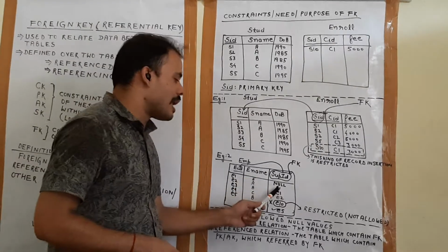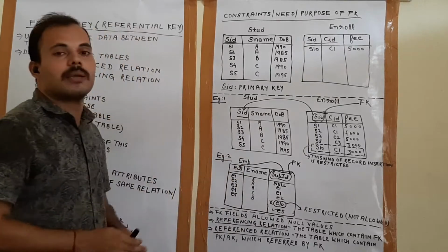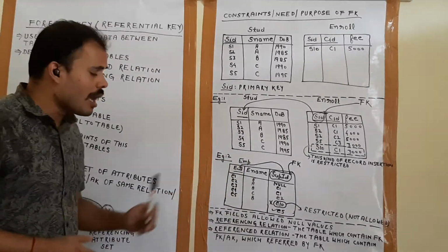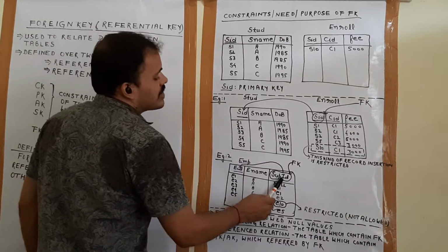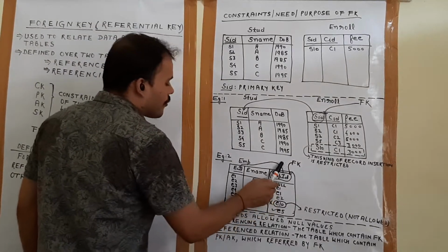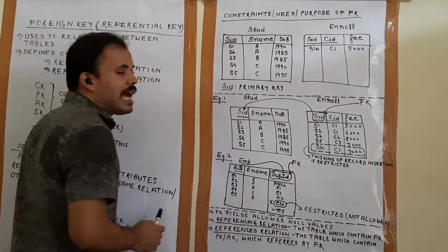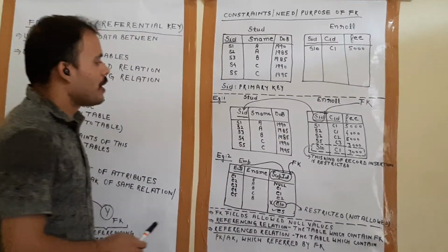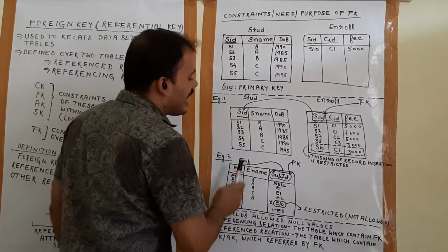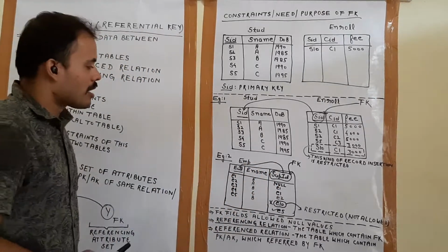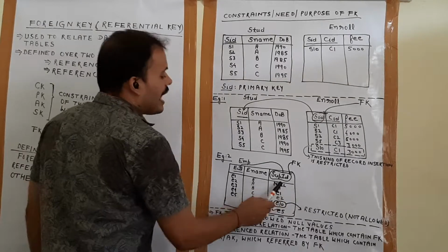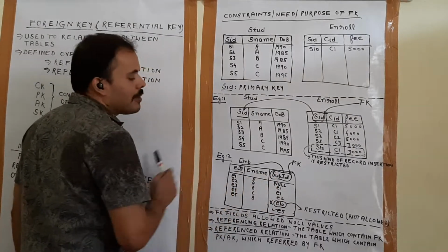So supervisor ID should also belong to the employee ID. Understood? So supervisor ID is the foreign key and it refers to the EID, the primary key. This is the foreign key, it is referring to the primary key.